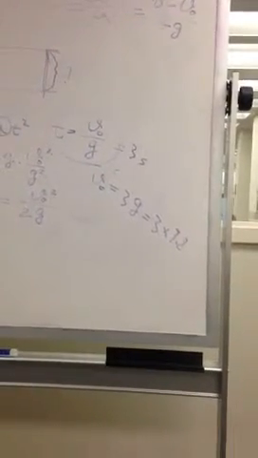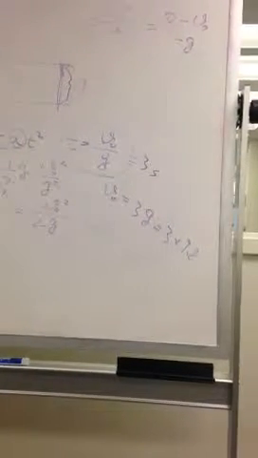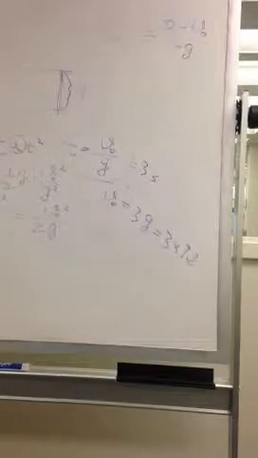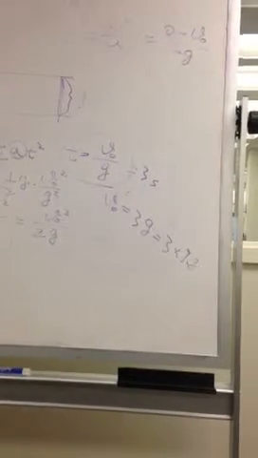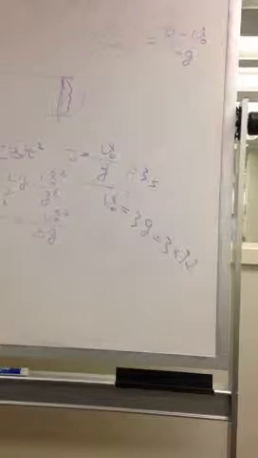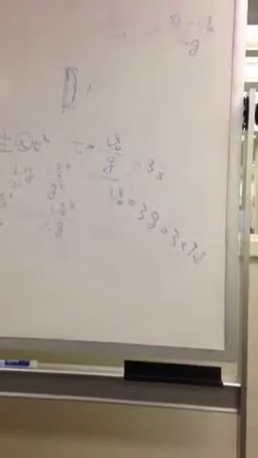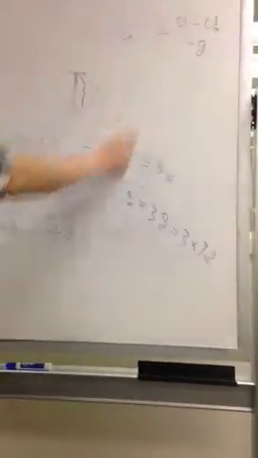But you could keep going. It would be 3 times negative 9.8, because in free fall, G would be negative 10, right? No, it's negative and negative, so it cancels off.